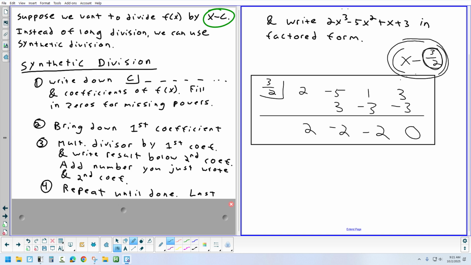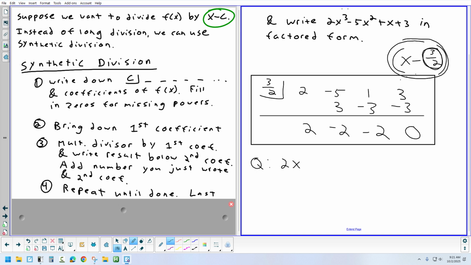You're pretty close. Not quite. Anybody think, what's my quotient here? Would it be 2x... 2x what?